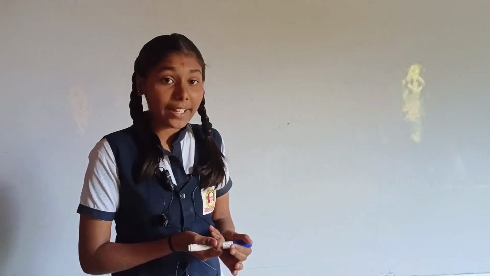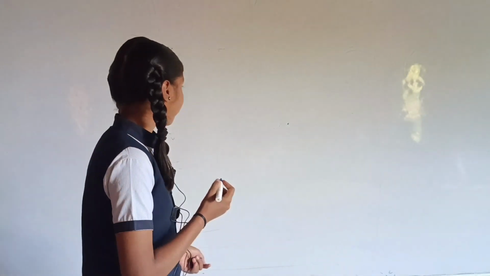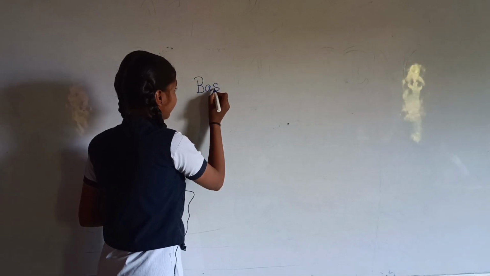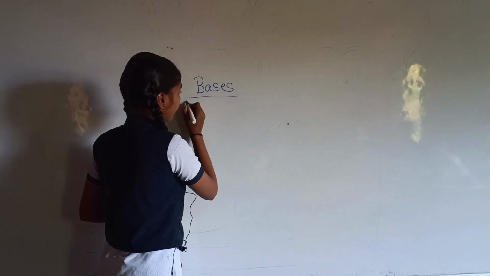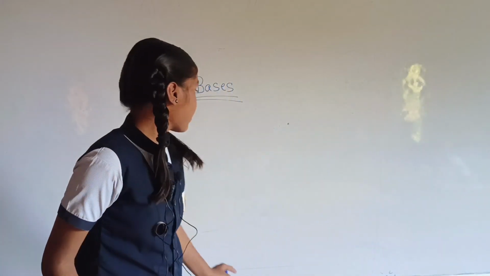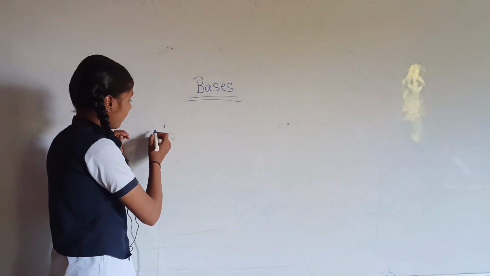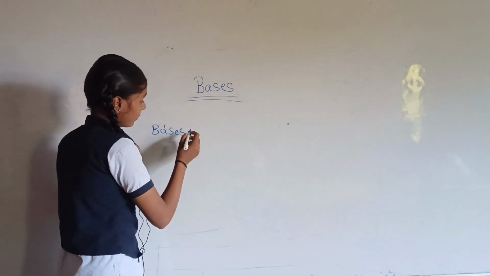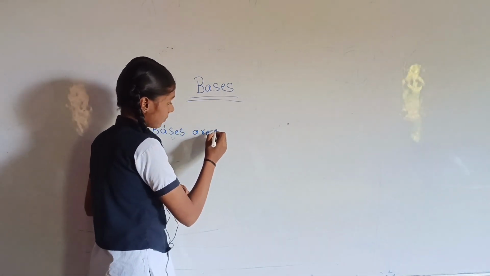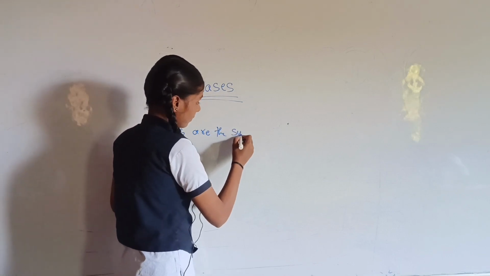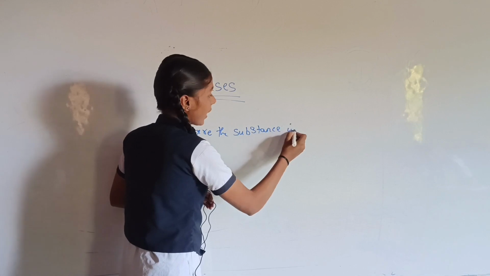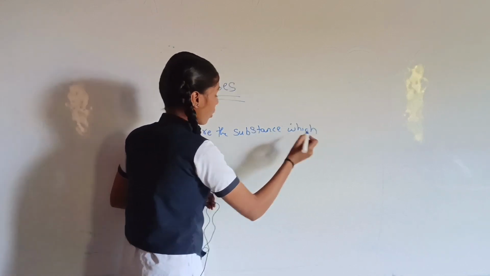Now I am explaining the topic bases. So first we have to know what a base is. A base is a substance which has OH minus concentration.